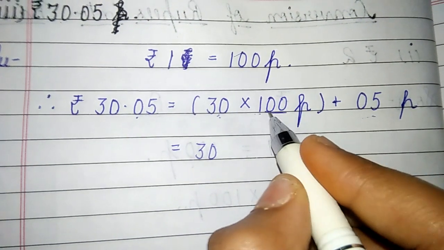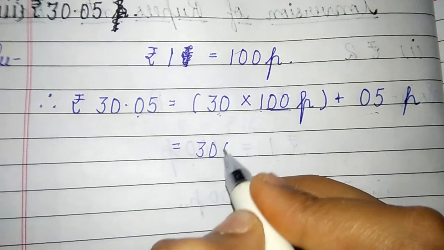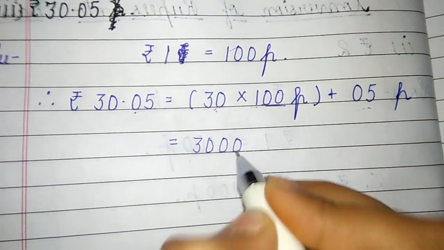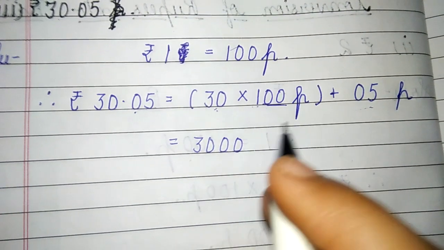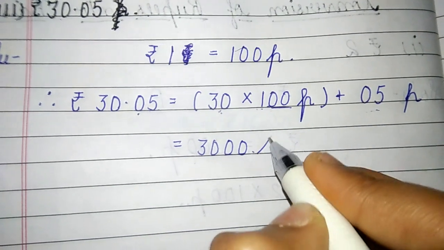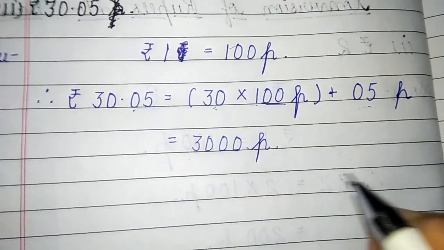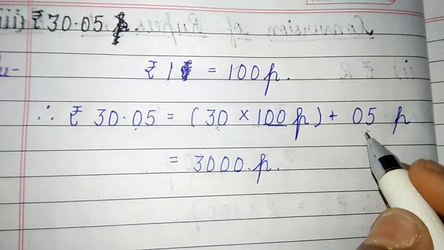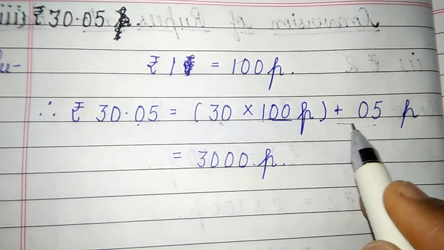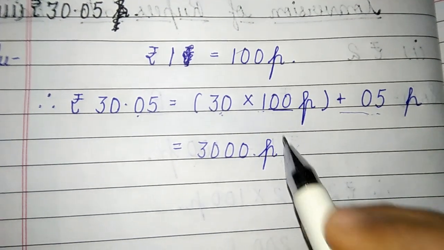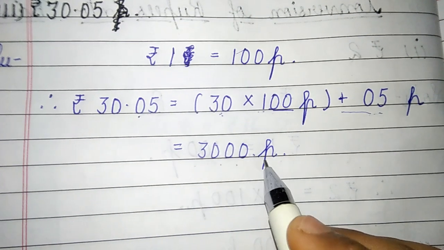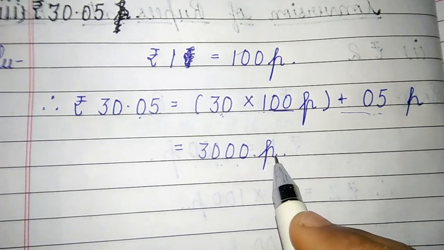How many zeros here? 2. So we will put 2 zeros here. So it becomes 30 hundreds paise, children, we can say 30 hundreds paise or 3000 paise.